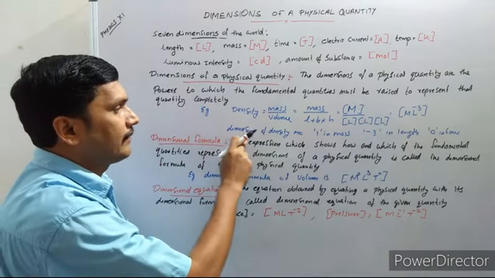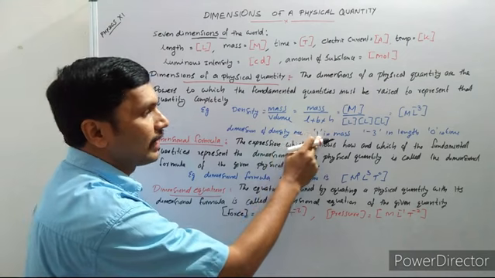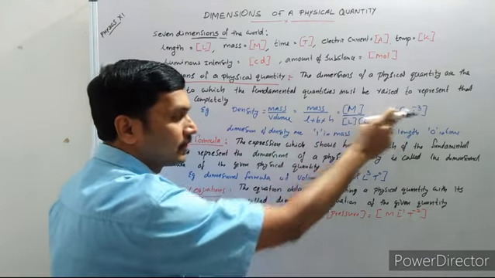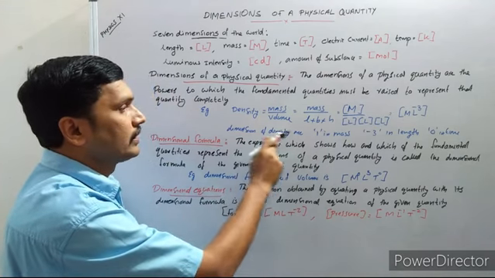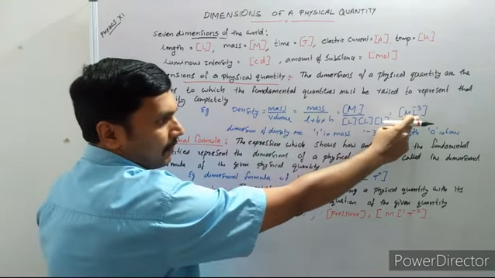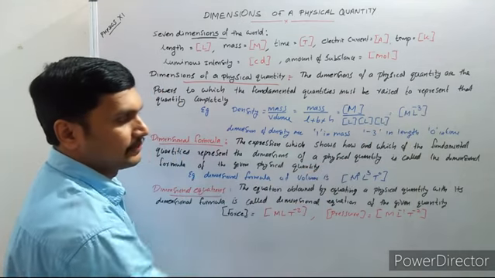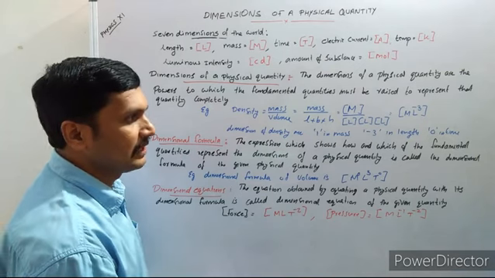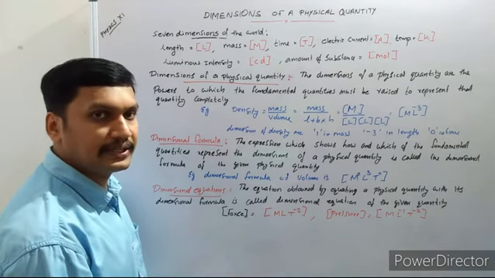So we can say the dimensions of density are 1 in mass. Actually, the power of M is 1. And the power of L is minus 3, so minus 3 in length, and 0 in time.